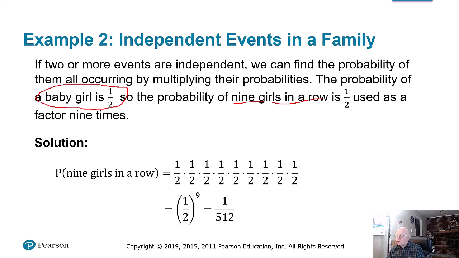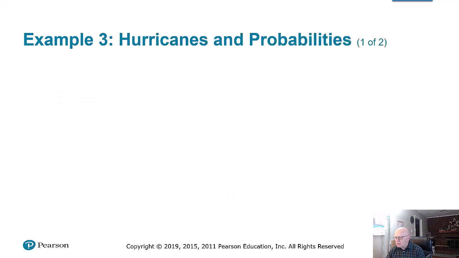And it's 1 over 512. Of course, you don't see that too often. Number one, you probably don't see too many families with 9 children. And number two, all 9 of them girls is, as you can see, not something you'll see too often.